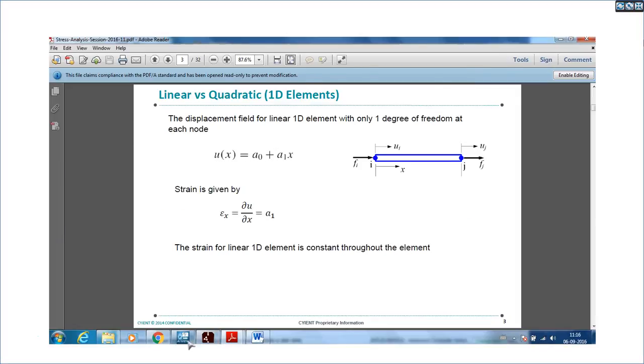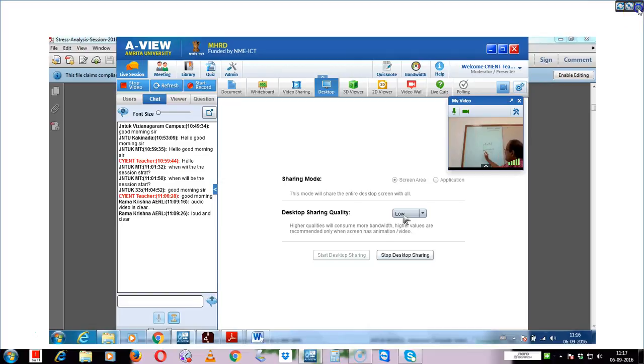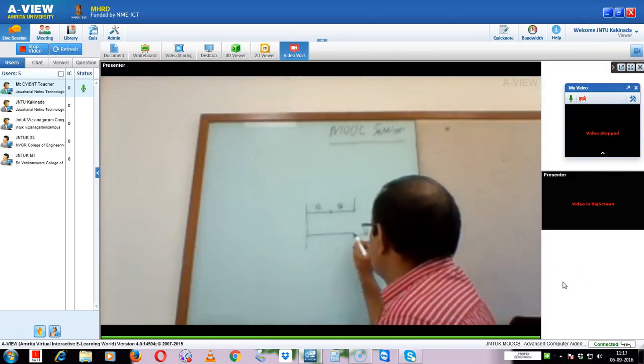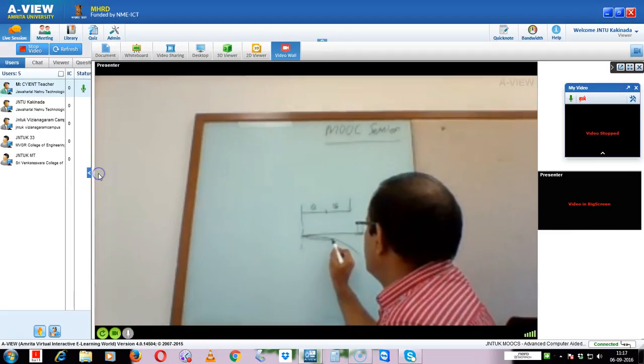What does it mean? Let us understand, if I model a cantilever with two elements, element 1, element 2, and it is linear in nature, then the actual deflection should have some curvature. But if you take a linear element, this deflection will be a straight line.